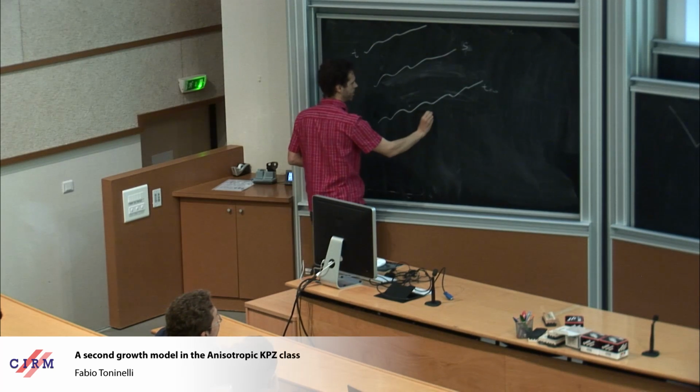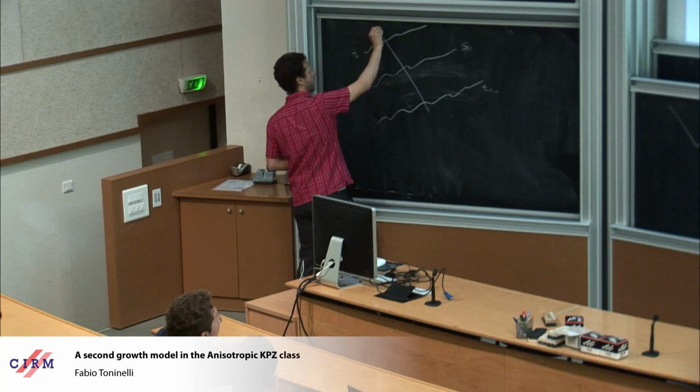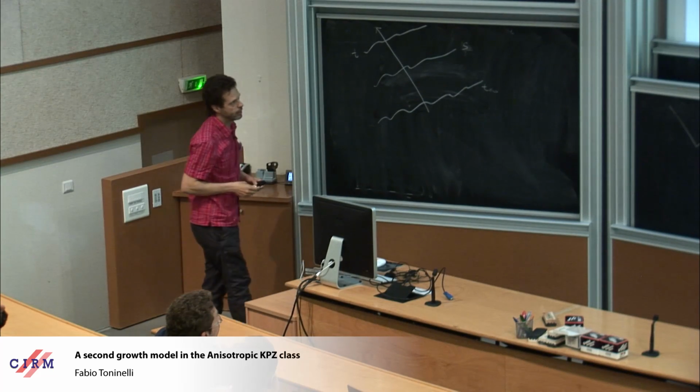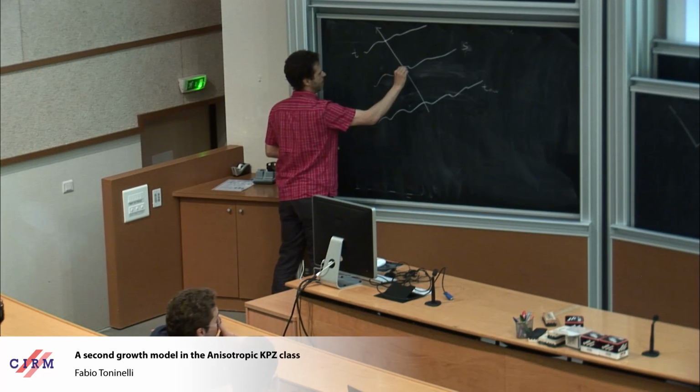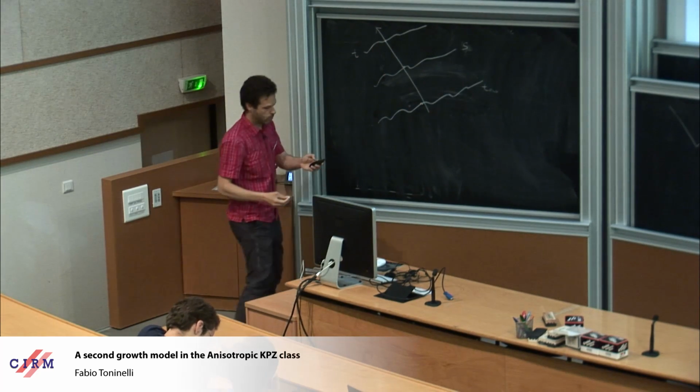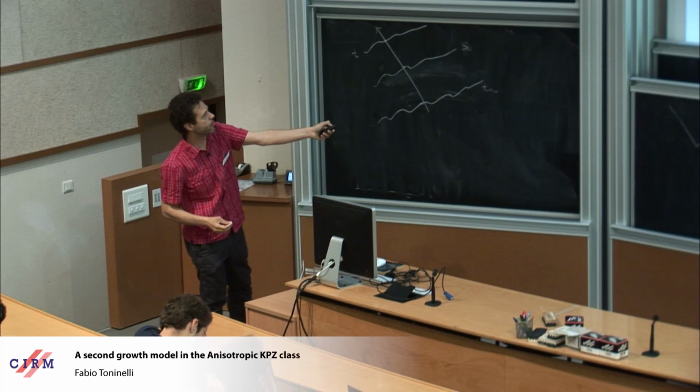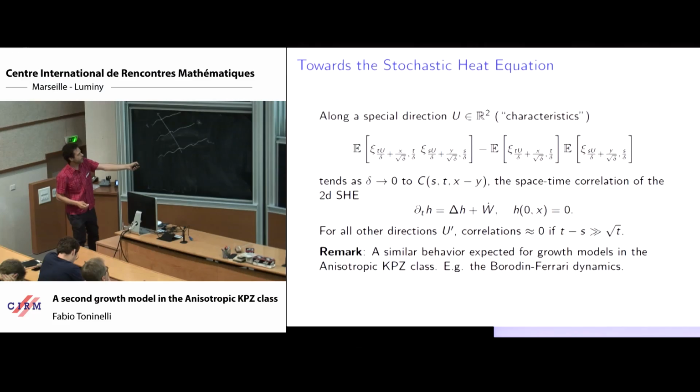If you choose a particular direction in space-time, which has the meaning of a characteristic direction, and you look at correlation along this line, then the height correlations along this characteristic line will converge to those of the stochastic heat equation with additive noise. So in this limit, the nonlinearity has disappeared.